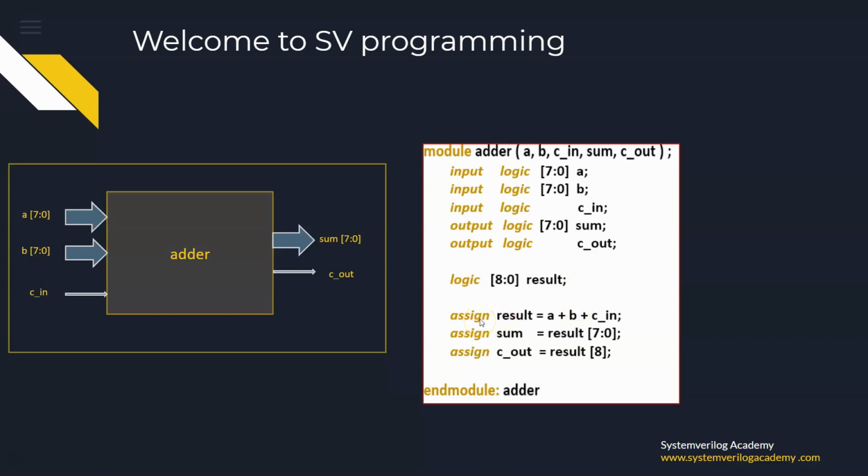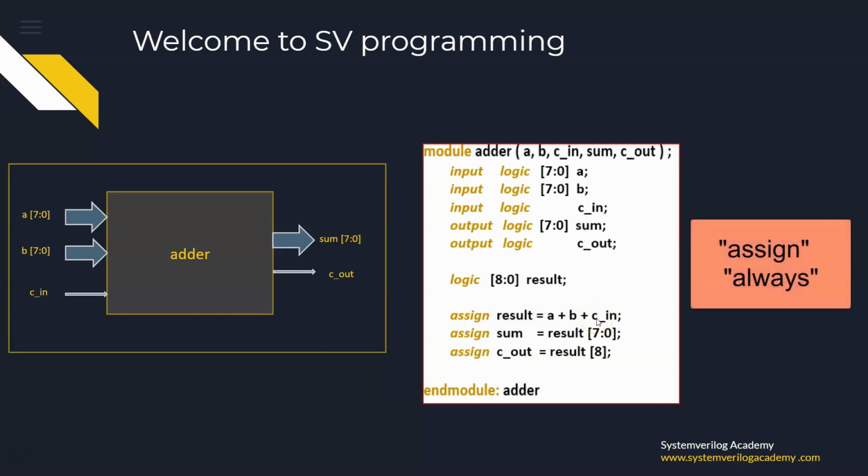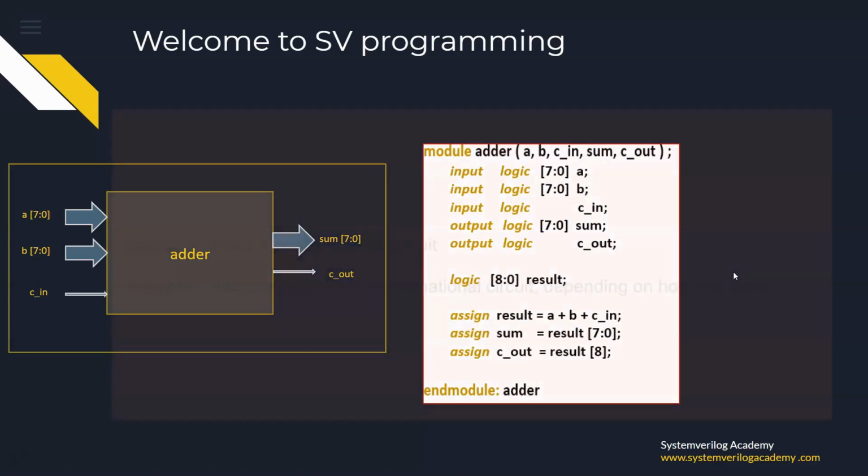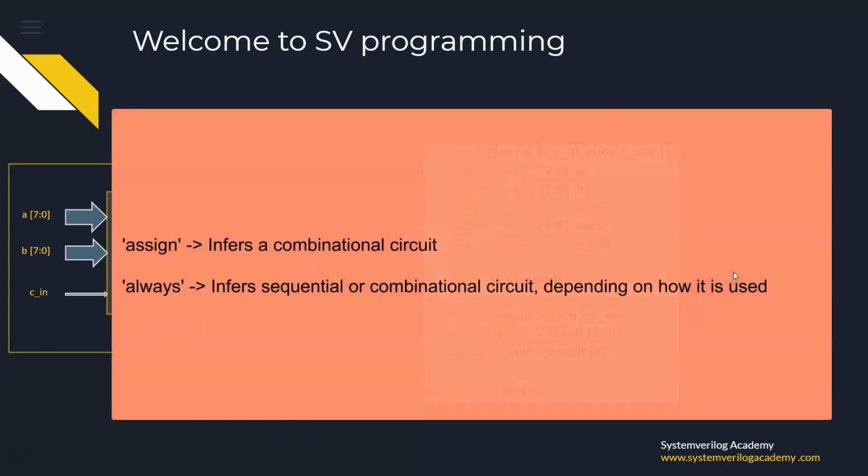You can see that I am using the keyword assign before writing a simple assignment statement. For simplicity, there are two types of assignments in SystemVerilog: either using an assign statement or using an always statement. As a short summary, you can always use an assign statement to represent combinational logic, and you can use the always statement to represent either combinational logic or sequential logic.